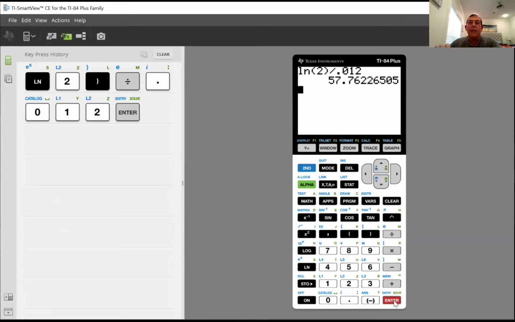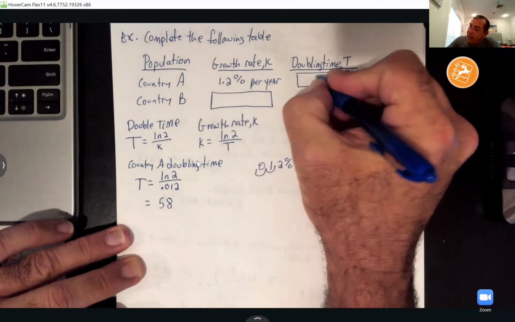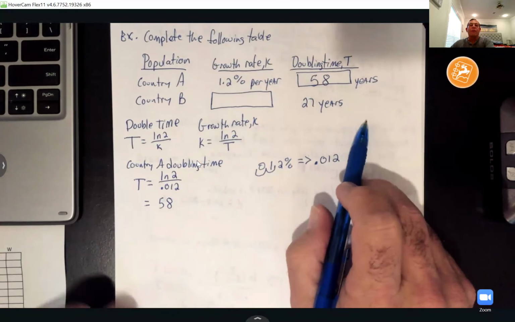So let's see, I got 57.7. That's going to round the 7 up to an 8, so that's going to give me 58 years. All right, so in MyMathLab, this is 58. So you would put your 58 in here, and they've already got the years written out here, okay?